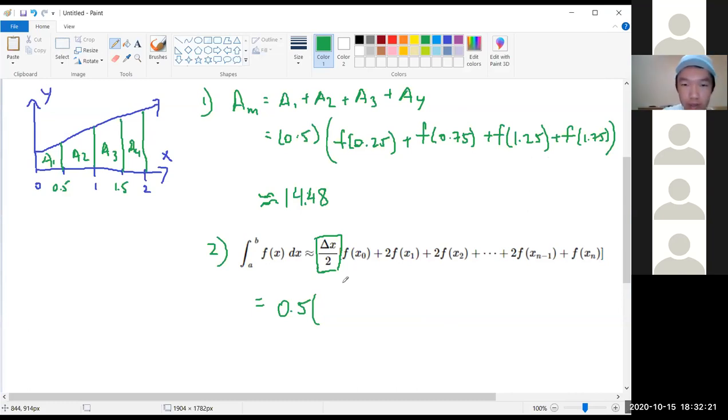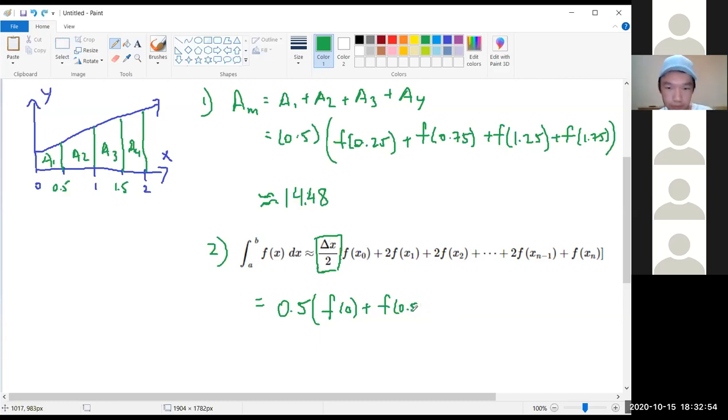And then for the y values, because there's no left or right endpoint, you're actually going to use all the y values that you labeled. So this would be f of 0 plus f of 0.5. Forgot the 2.